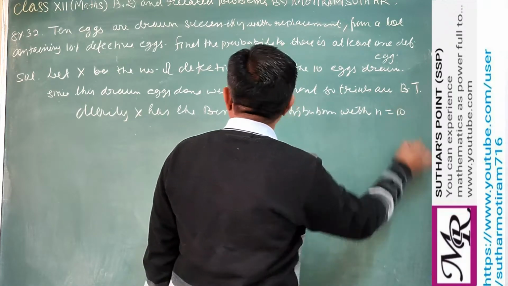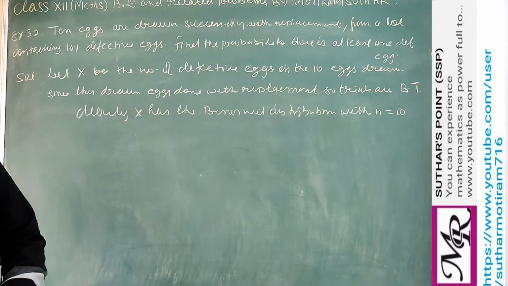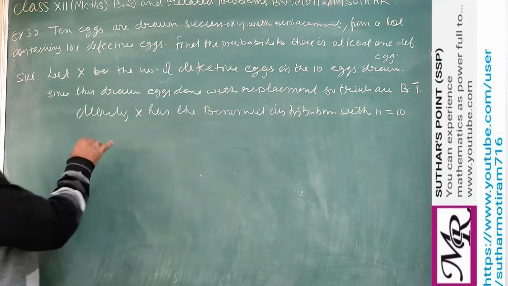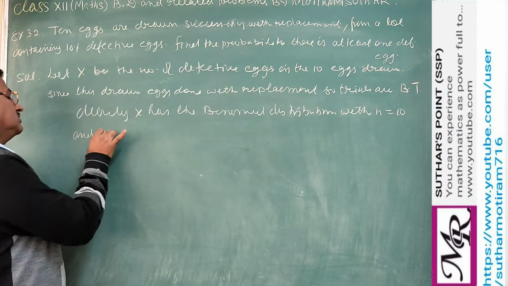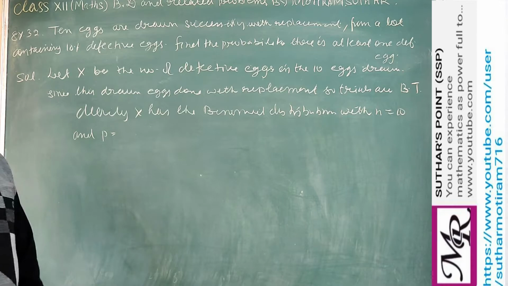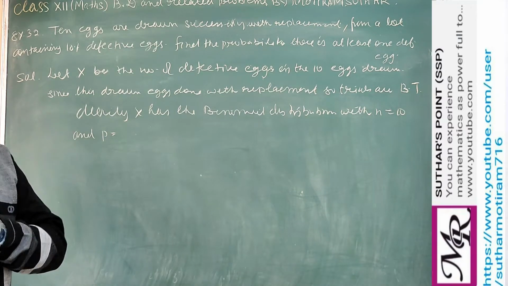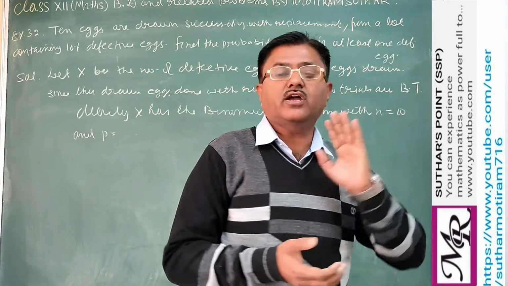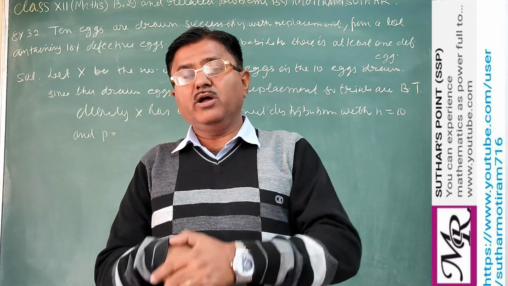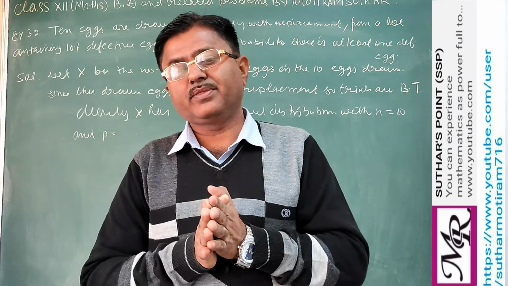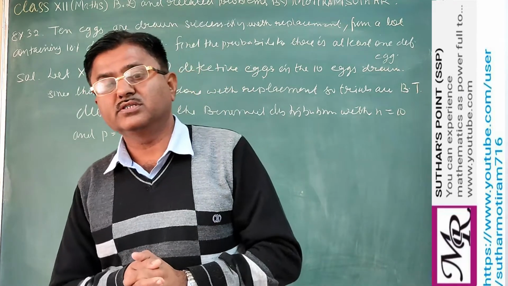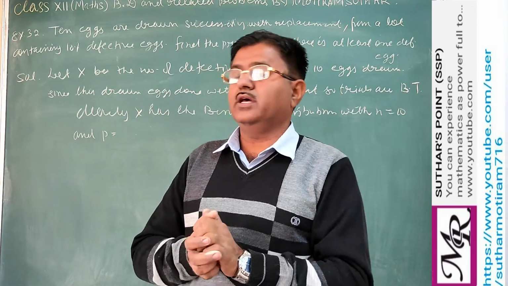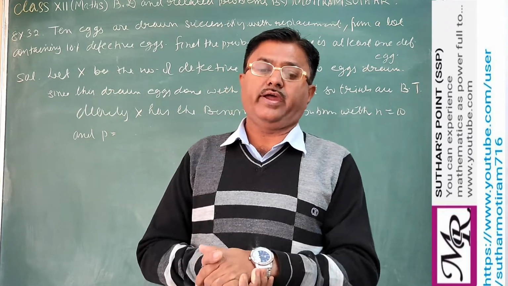So these things you have to write, with n the total number of trials, that is how many eggs we are drawing, and p. Now see dear student, here p means the probability of success. So how do we define success here? Our aim is to see the defective egg, so getting a defective egg is the success. Clear? Now the problem says that in the lot there are 10% defective eggs.